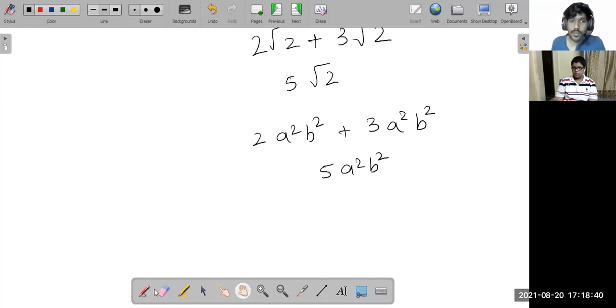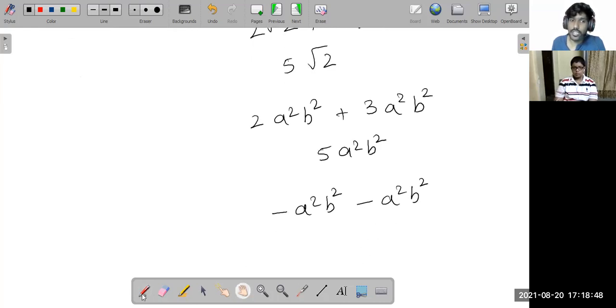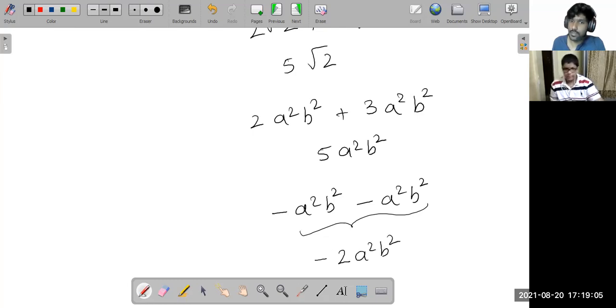So here in our sum, we had minus a square b square minus a square b square. So treat it like surds only, keep the variable as it is. And what will you do here? Add them. Correct? But both are minus, so it would become minus 2a square b square.